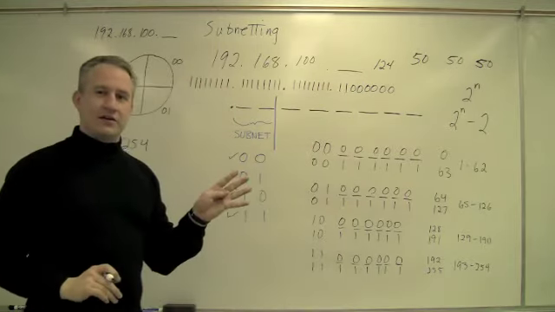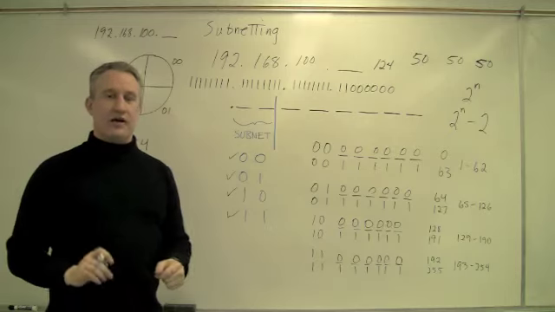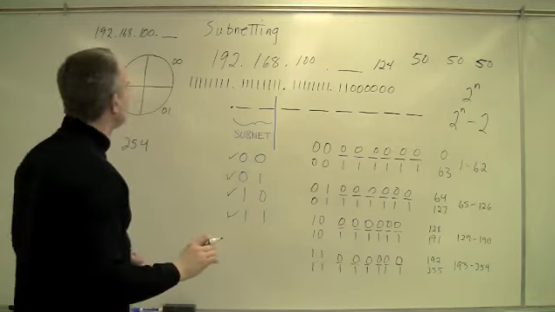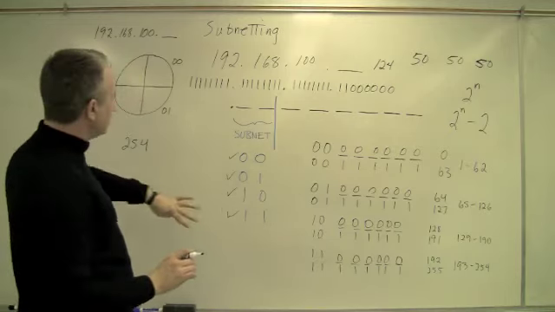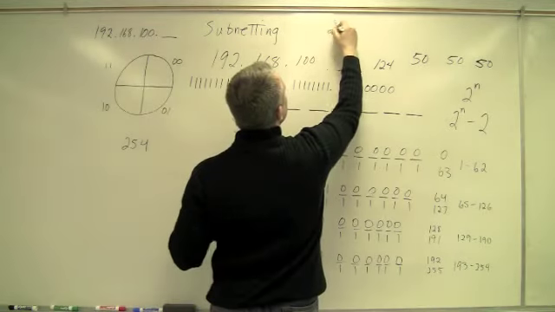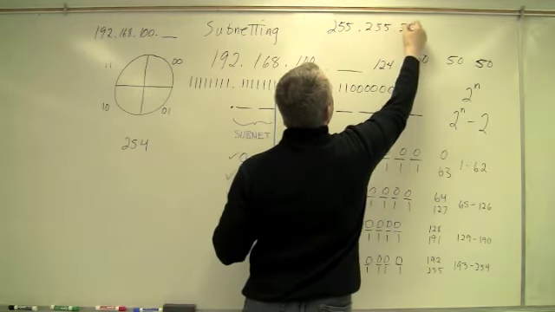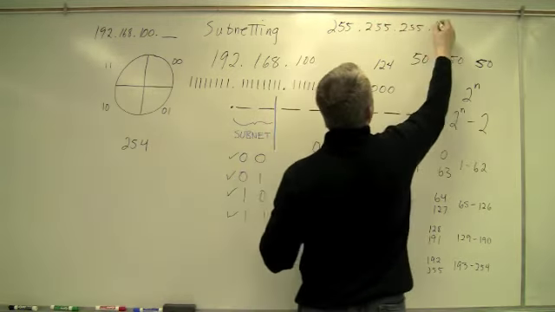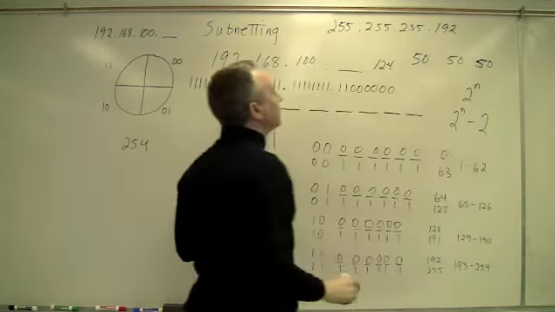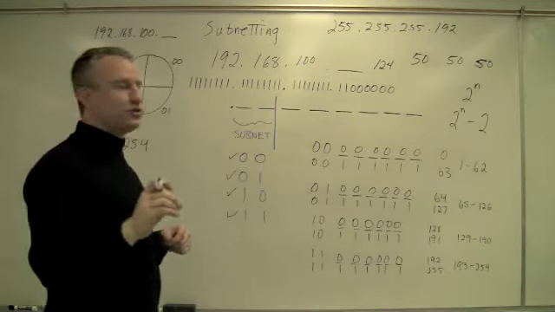Now we take that, we convert this back into decimal. That gives us our final subnetwork mask for all of our addressing, for all of our subnetting. Convert that, what we get is 255.255.255.192.